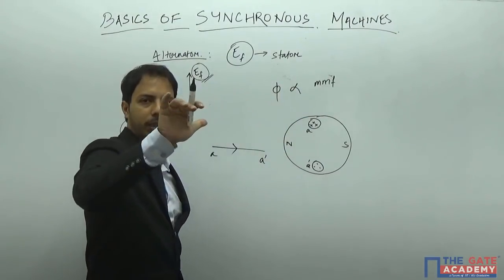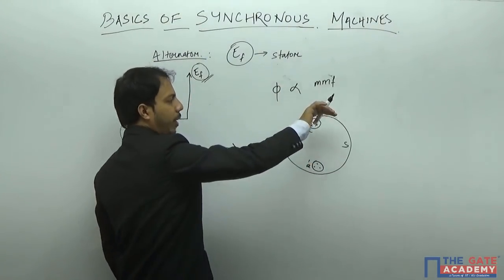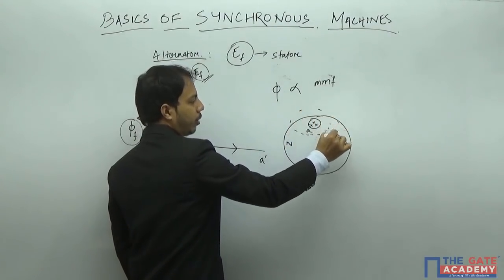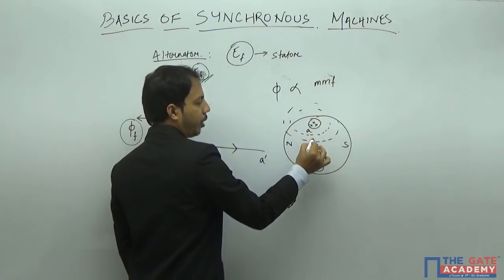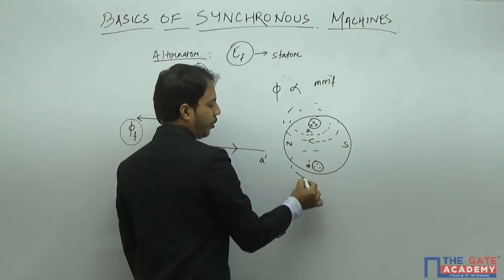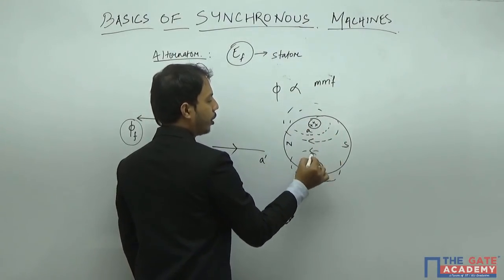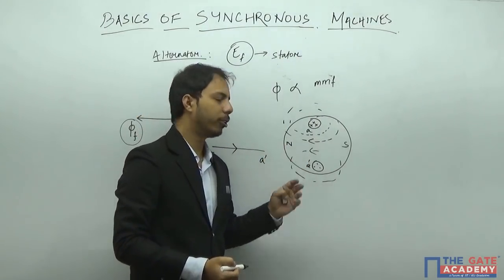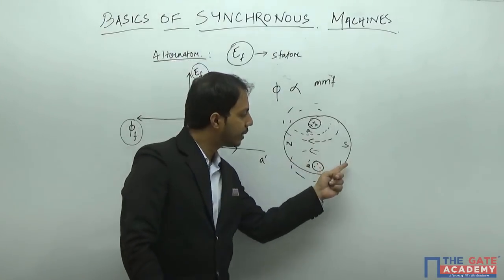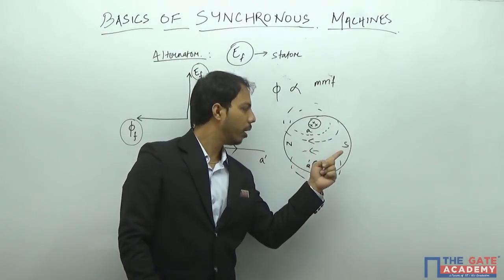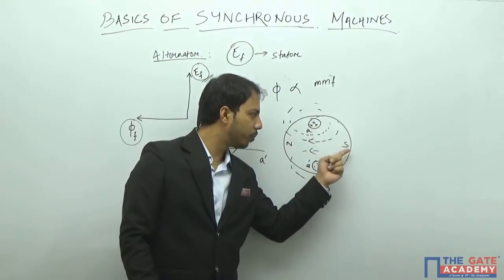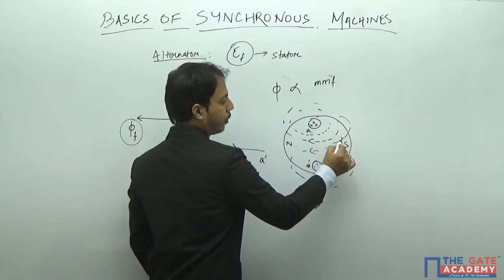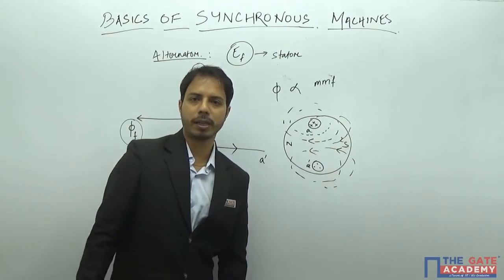We can use the simple right hand curl rule. By the right hand curl rule, the field produced here will be in this way, and here it will be this way. So it will come out of the rotor from this position, so this is the north. Similarly, it goes inside the iron of the rotor at this position. This particular part is the stator.